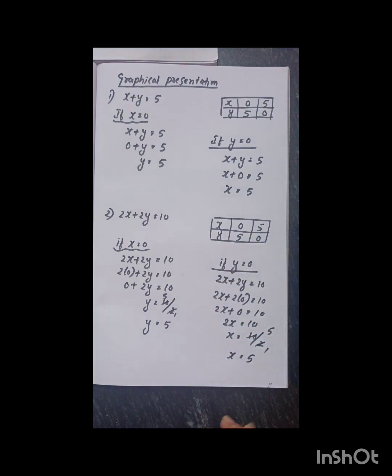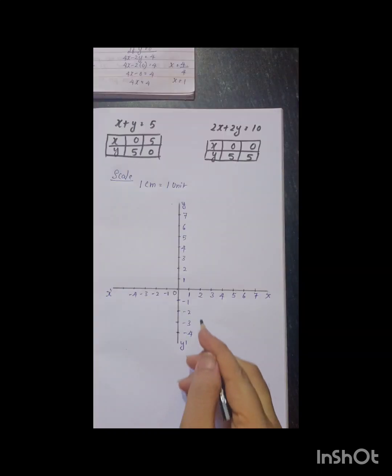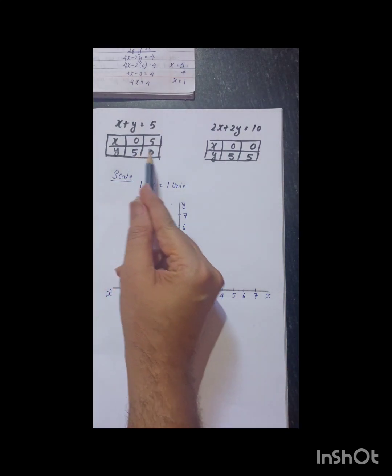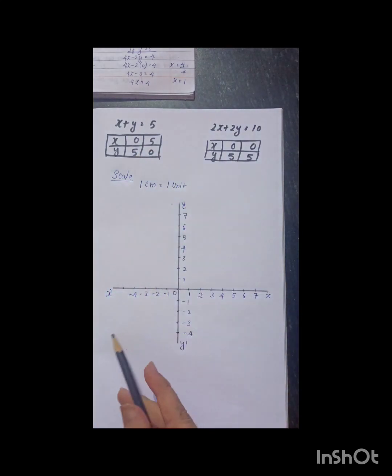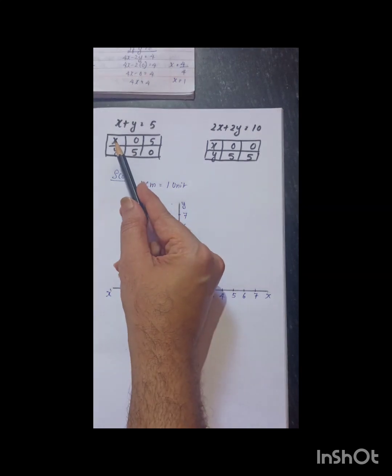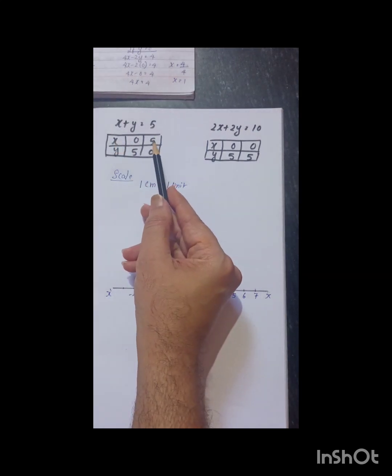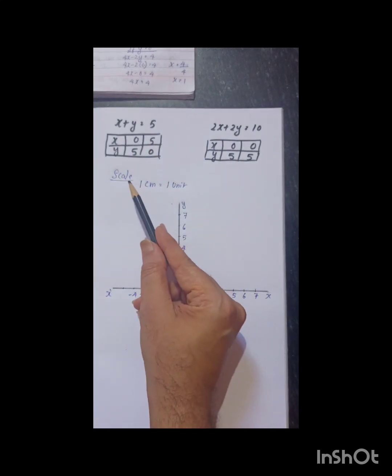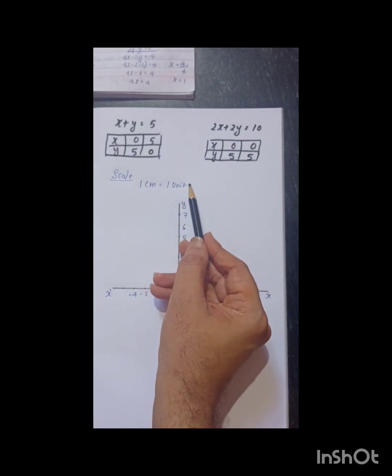So here we first prepared the table to draw the graph. Now look how the graph is to be prepared. This is the table of the first equation and this is the table of the second equation. Here the maximum unit of x is 5 and y is also 5, so I took the scale 1 centimeter equals 1 unit.